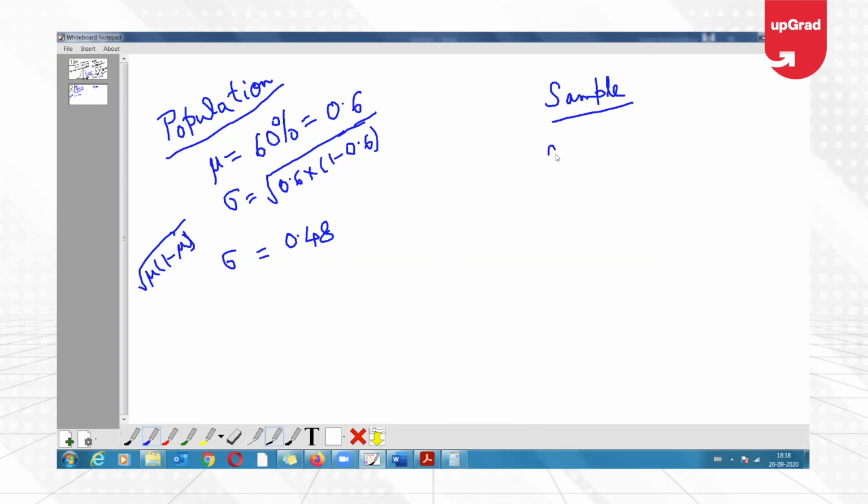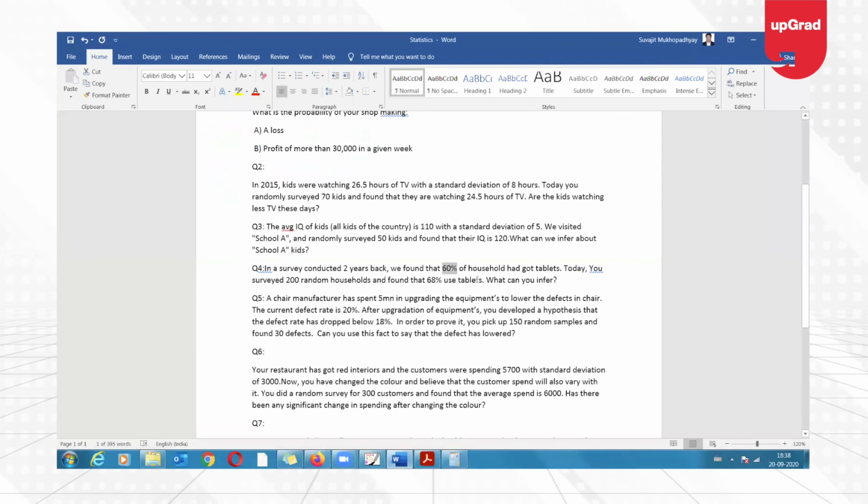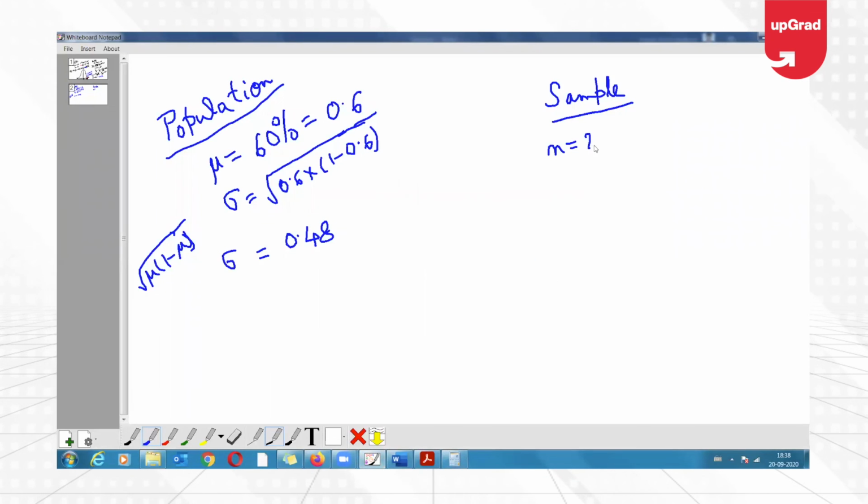Now when we talk about the sample, we have surveyed how many people? 200 households, and we found 68% are using tablets. So this is n equals 200, and we found that 68% are using tablets. Okay.